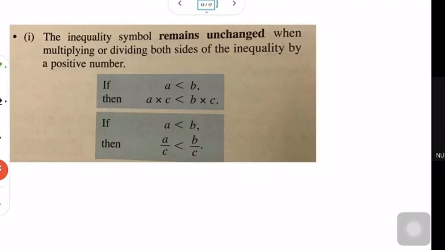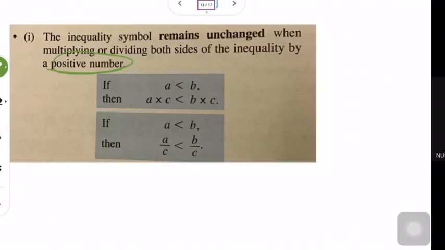Sini dia kata if you multiply C, this symbol also doesn't change. If you divide with positive numbers, ni dia sebut ni positive number. Okay, if you multiply or divide with positive number, the sign doesn't change.